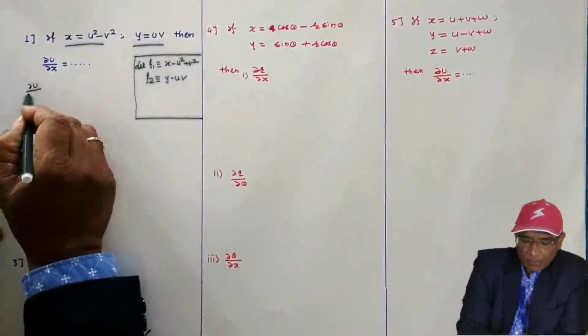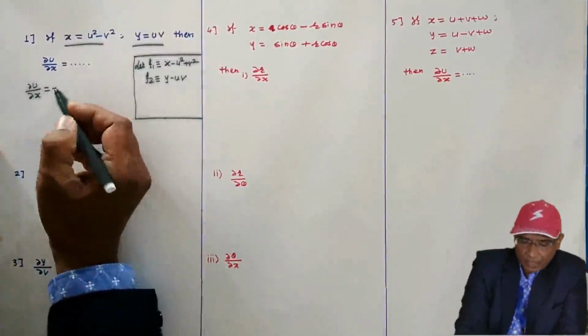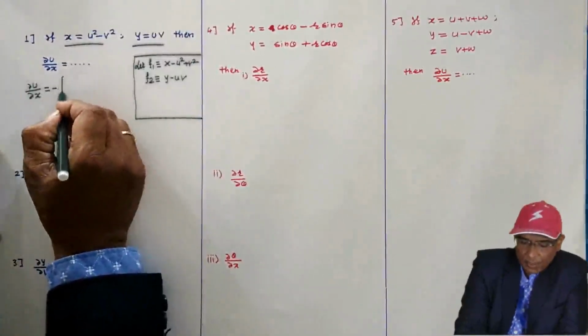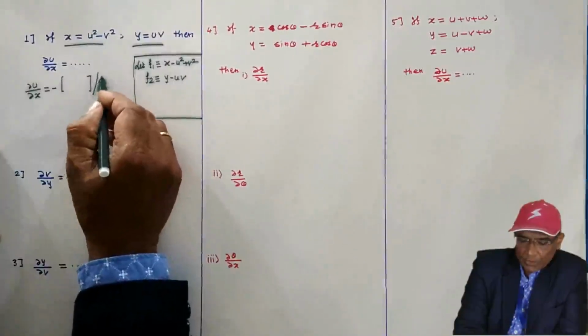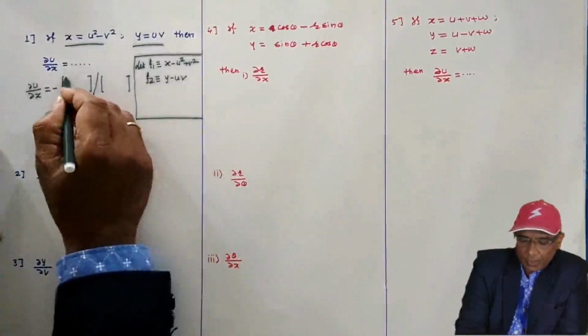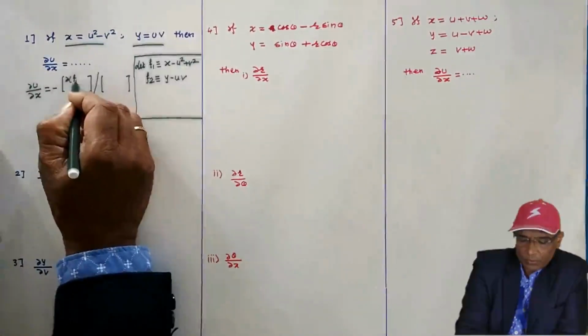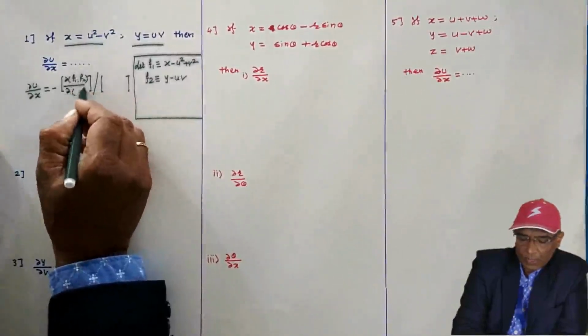I have to write the formula. By default minus sign is there, numerator Jacobian divided by denominator Jacobian. Numerator Jacobian del f1, f2 here like this.